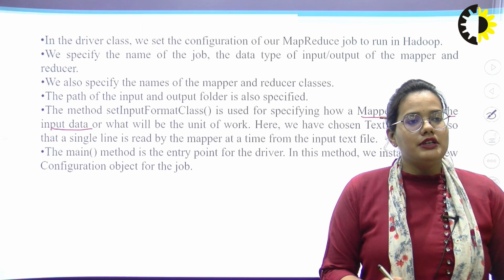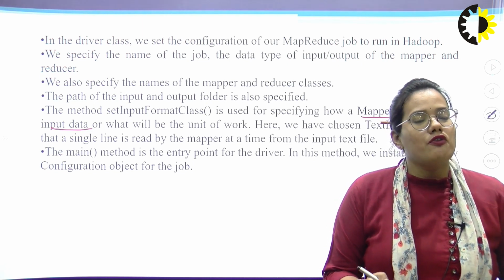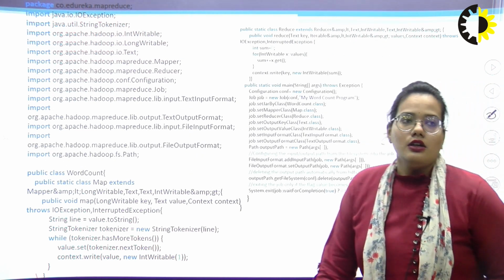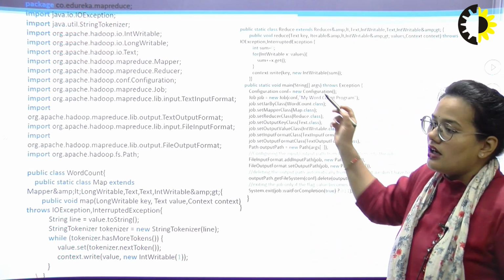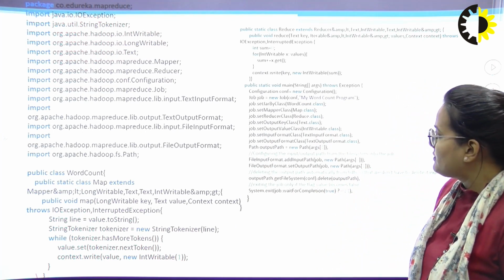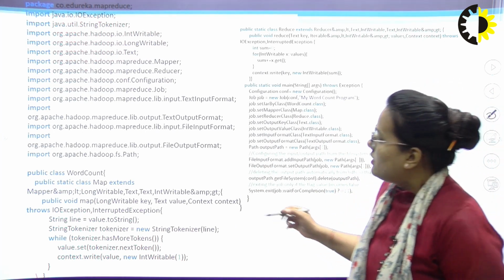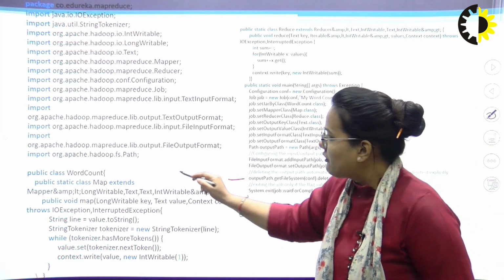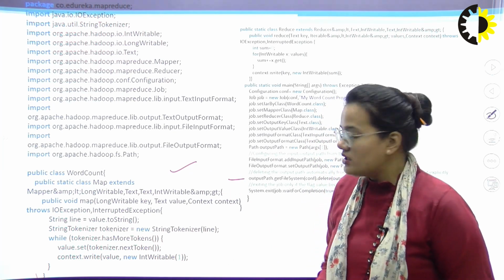In this method, we instantiate a new configuration object for the job. So, this is the final code which is written in Java. Here we have defined a class WordCount.